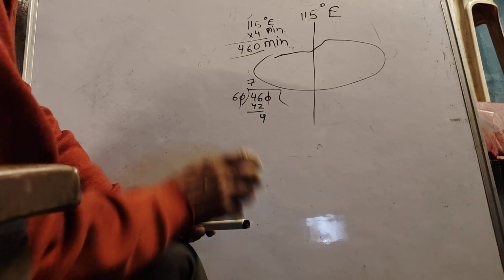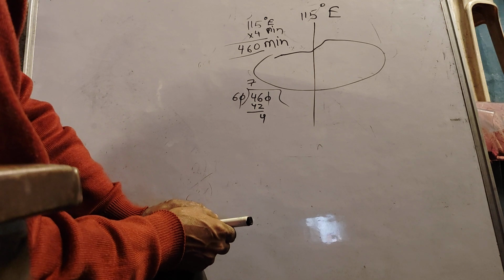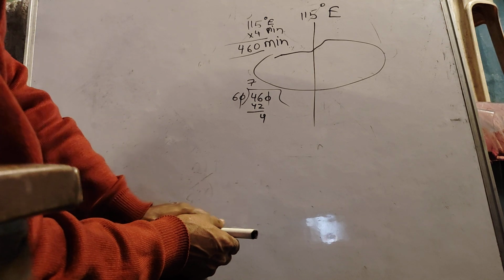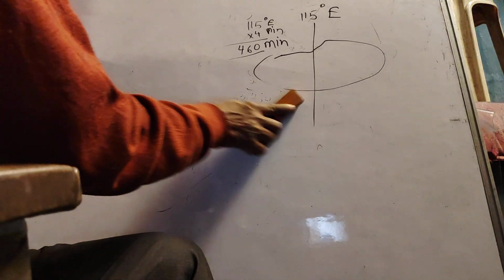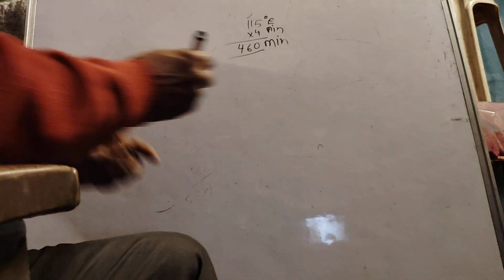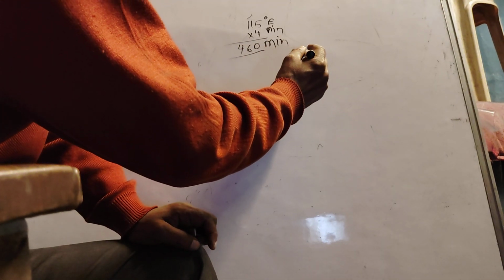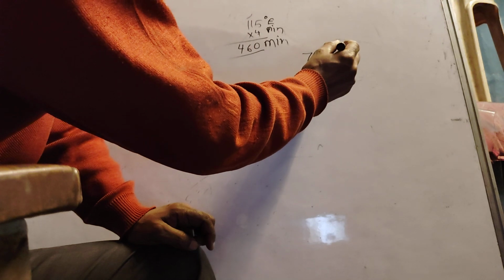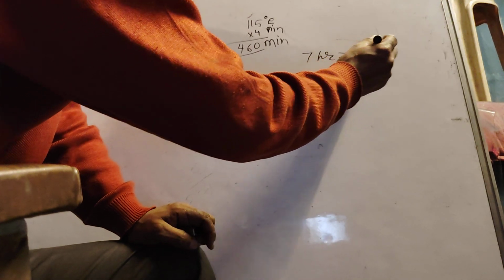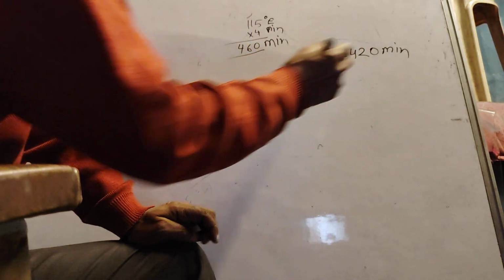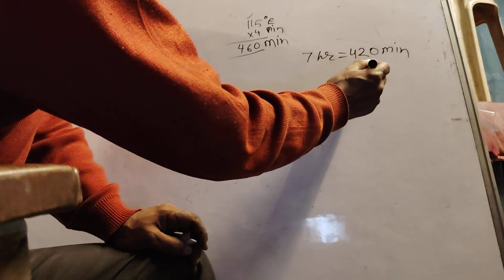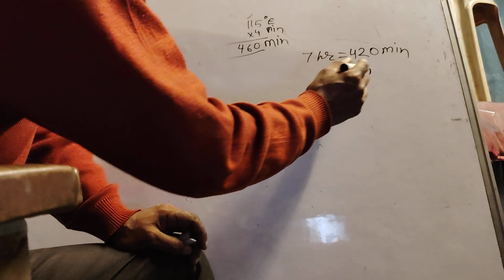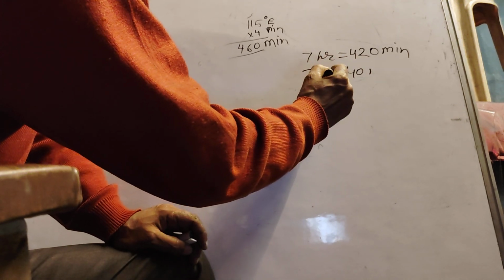So it is near about 7 hours. 7 hours means 420 minutes. 7 into 60 is 420 minutes, and 40 minutes is still left. So 7 hours and 40 minutes.